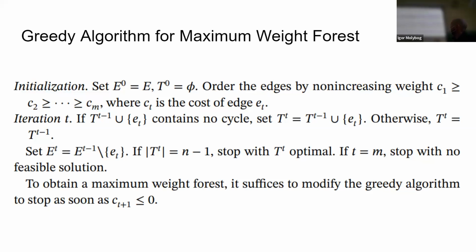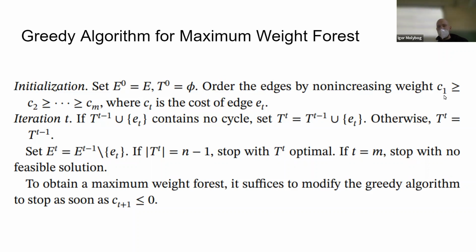The first is the subset of edges, E0, and the second is the subset of the edges in the tree, the T0. We are picking the E0 to be equal to the set of all edges, and the T0 to be equal to empty set. So our current tree is empty. We order the edges by non-increasing weights.